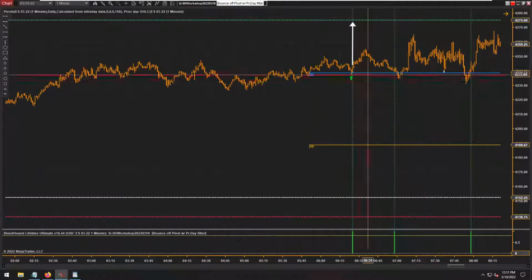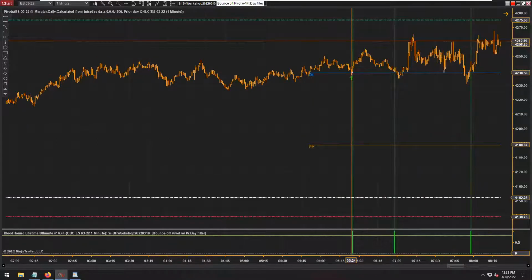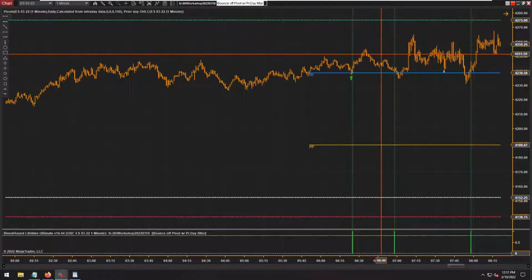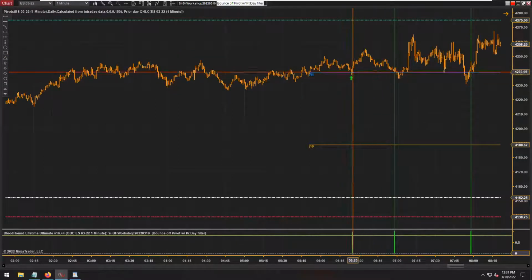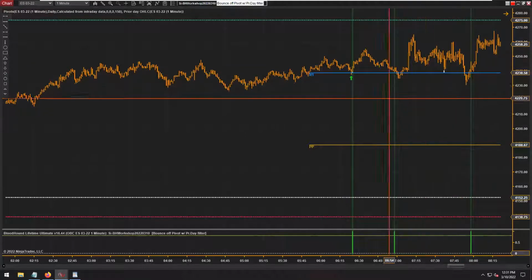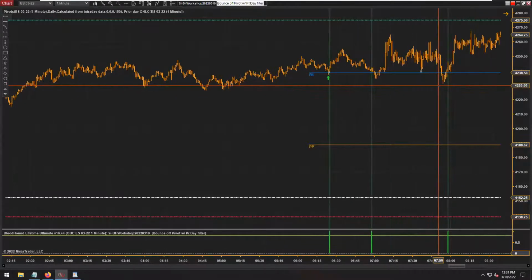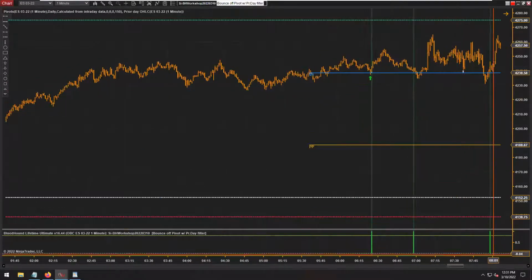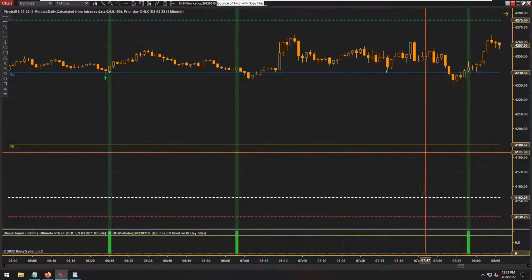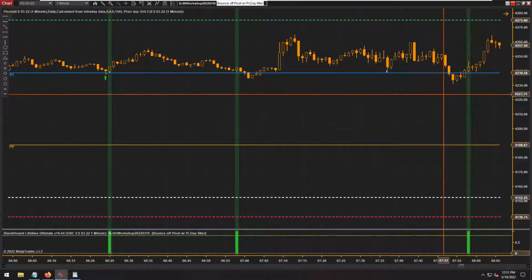Let's see. Okay. So here, I think this is yesterday, Wednesday. And so there's a couple of bounce signals off of R1. And actually, let's take a look at this.